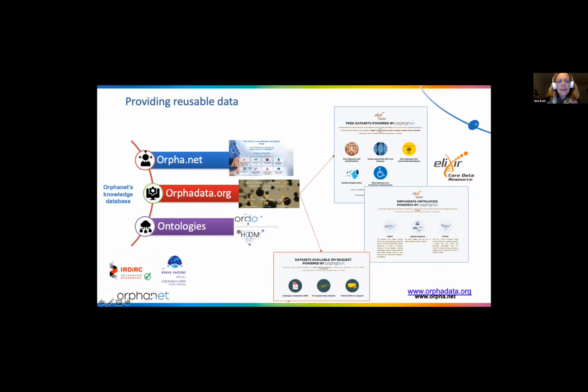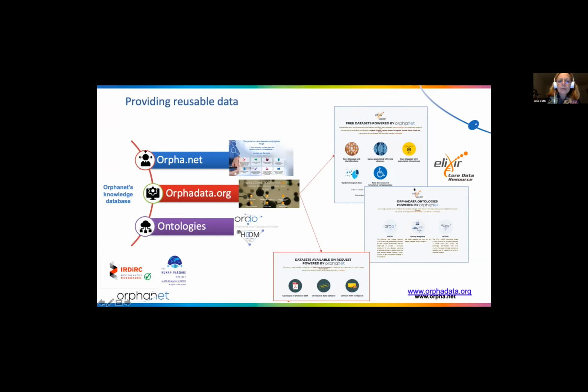But then we have a data download platform, orphadata.org, in which you have free data sets on the scientific information of rare diseases, and some data sets available on request on the textual information and expert resources.